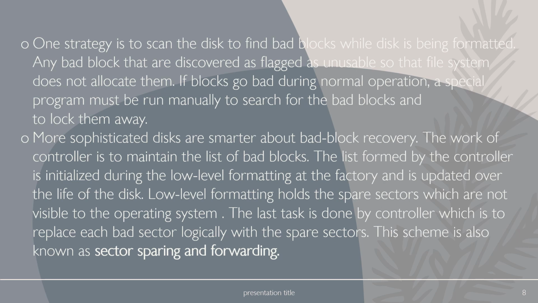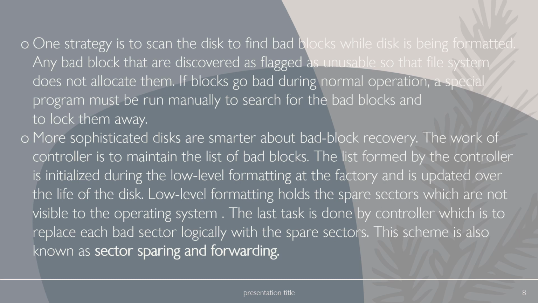One strategy is to scan the disk to find bad blocks while the disk is being formatted. Any bad blocks that are discovered are flagged as unusable so that the file system does not allocate them. If blocks go bad during normal operation, a special program such as the Linux badblocks command must be run manually to search for the bad blocks and to log them away.